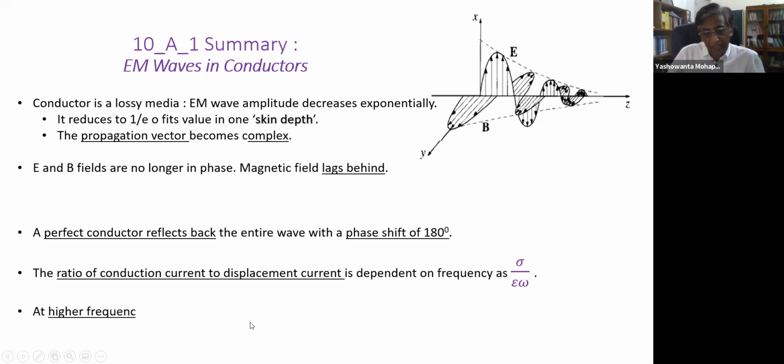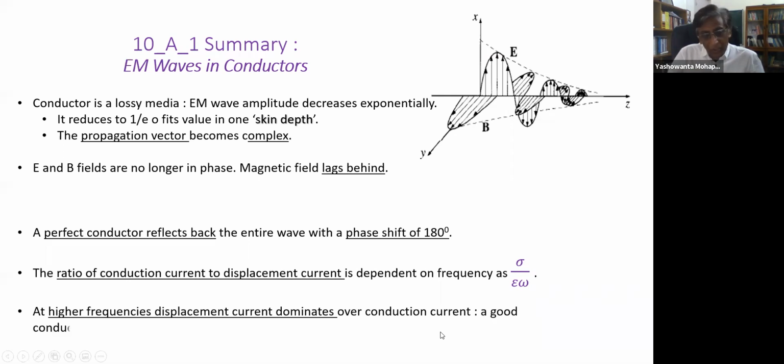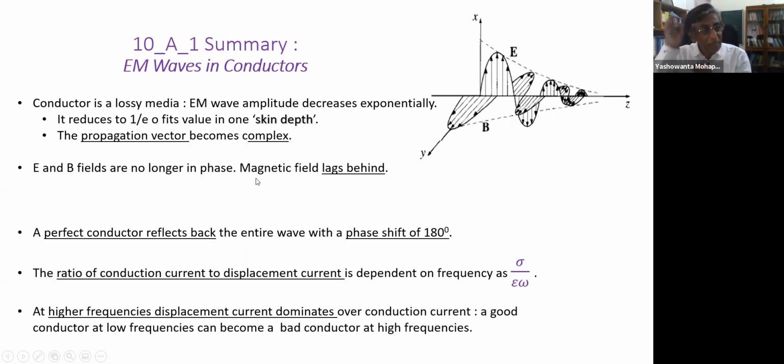At high frequencies, the displacement current dominates over conduction current, and a good conductor at low frequency can become a bad conductor at high frequencies. These are important mental notes to keep as a summary of our study of electromagnetic waves travelling through a conductor. Thank you.